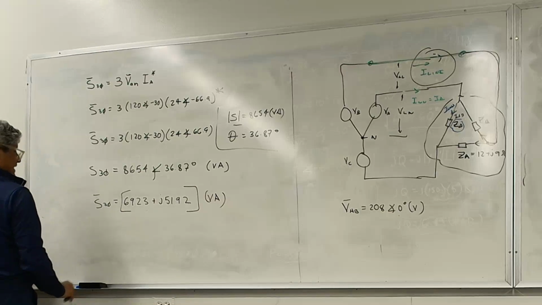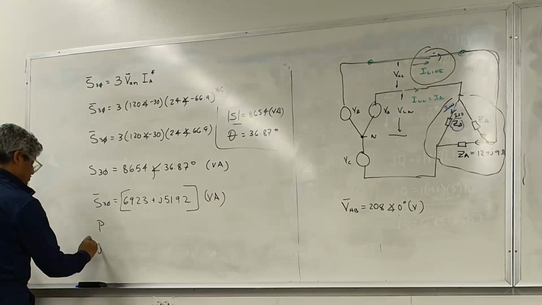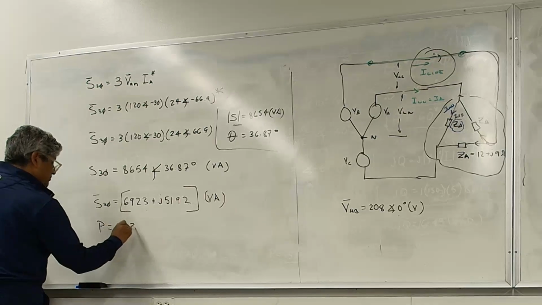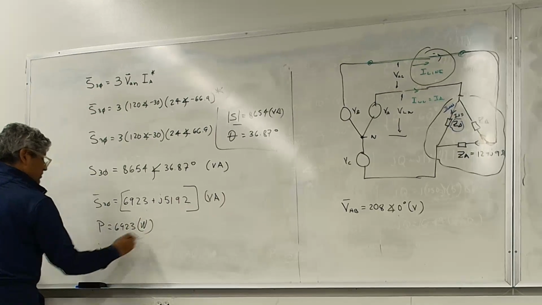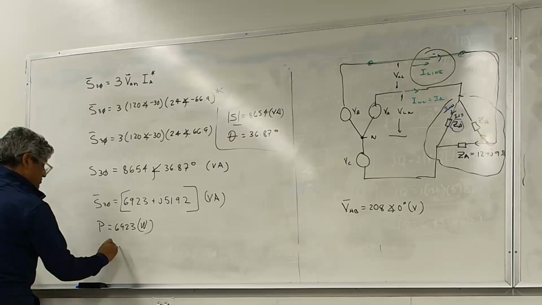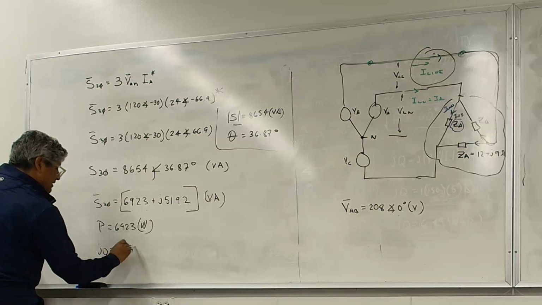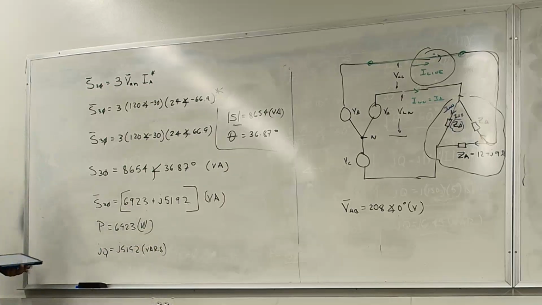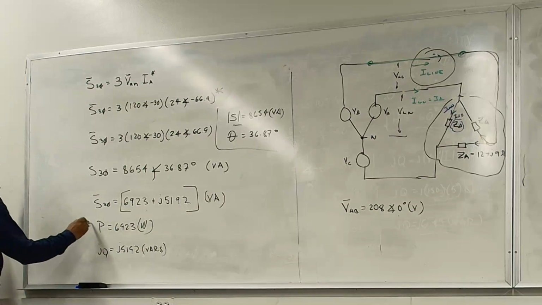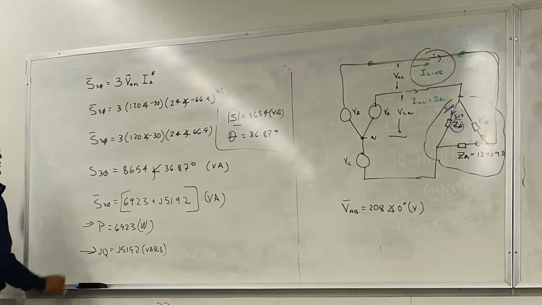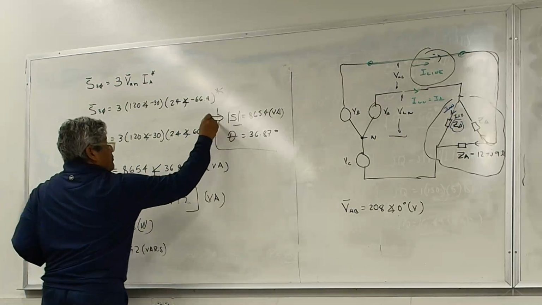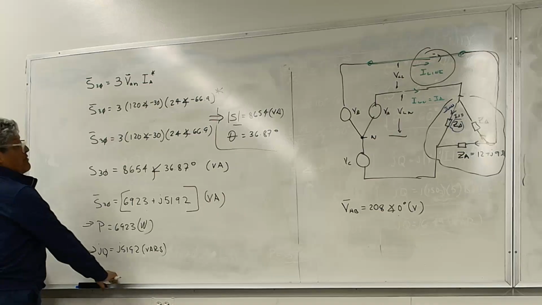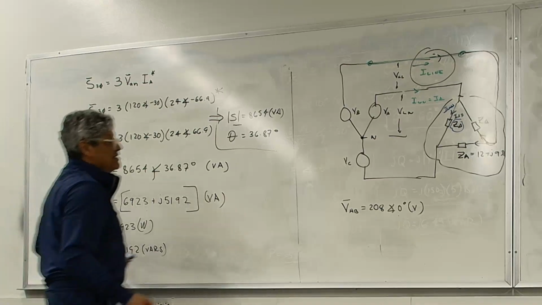But now I know P and now I know jQ, right? P is 69.23 watts. Q is j 51.92 vars. Everybody agree with me? So I know the real power, I know the reactive power, I know the apparent power magnitude. All I need now is the power factor. That's the last thing they're asking me.